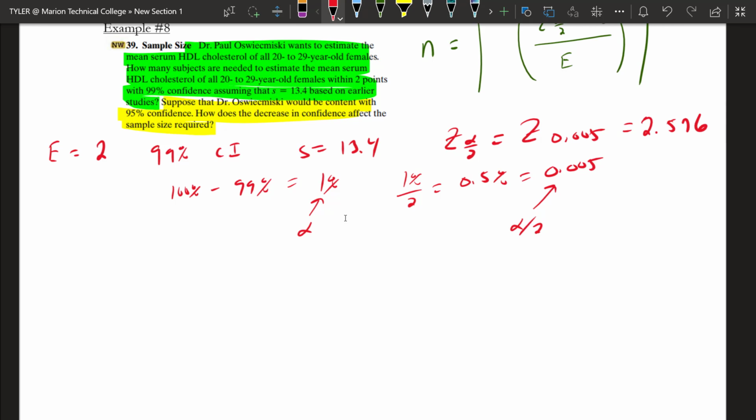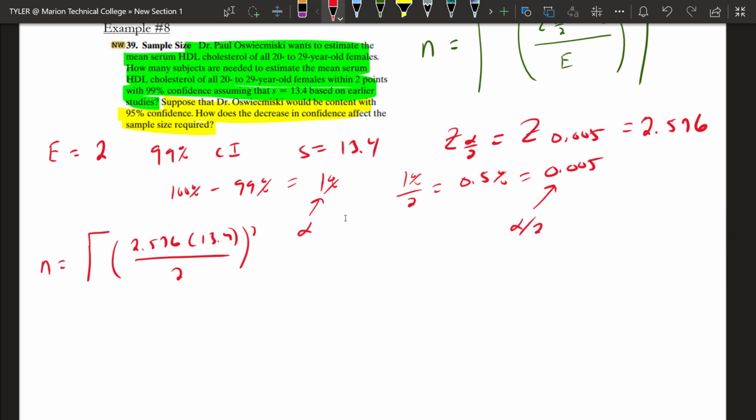So then now we're ready to plug things in. We would have n equals the ceiling of (2.576 times 13.4 divided by 2) quantity squared.